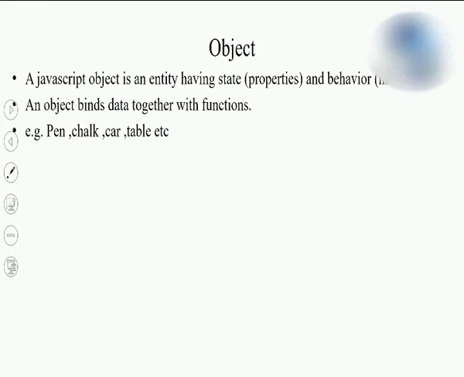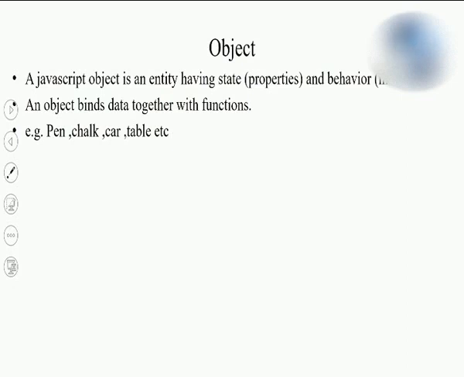We can consider a pen as an object, chalk as an object, a car as an object, or anything we consider as an object. For example, a pen is an object, which means the pen can have color, texture and size. All these are the properties of the pen object. Similarly, chalk also has a color, a shape and a texture.